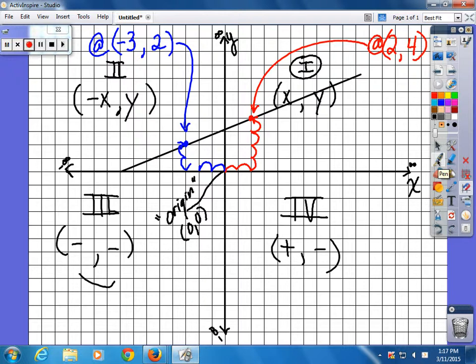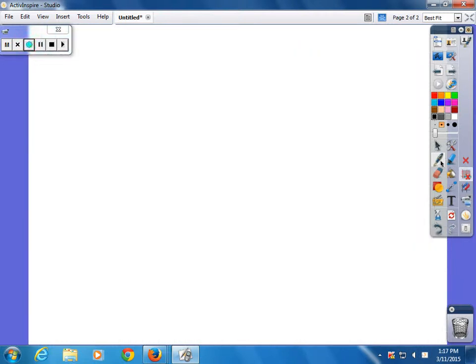Now, pretty much everything that we do is going to be based on the equation for this line. That line is called linear.